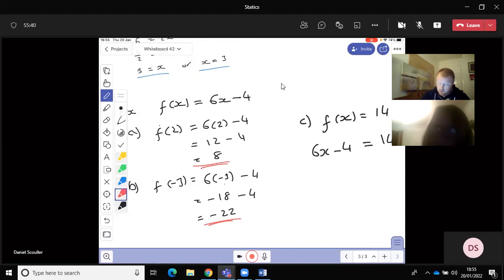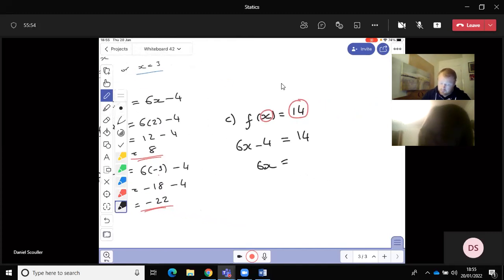So it's giving you the output. You want to find out what the variable is. So f is a function of x. When it's 6x minus 4, that minus 4 moves over. It's a negative on the left-hand side, so it becomes a positive.